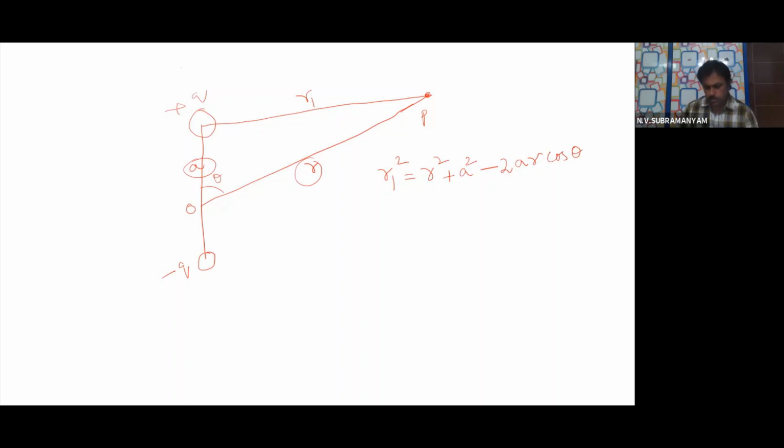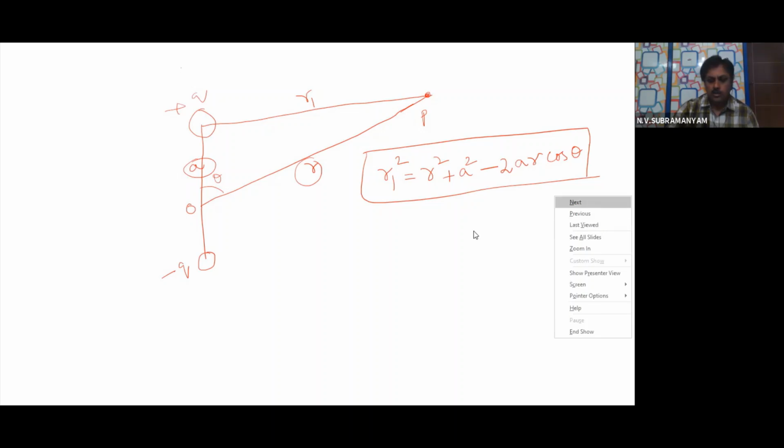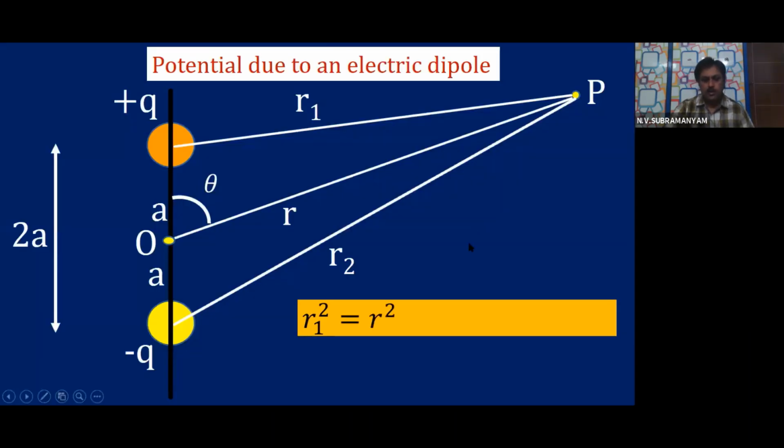This is the value of R1. I hope I'm clear. So let me see what I got here. R1 square is R square plus A square minus 2AR cos theta. So now I got R1.